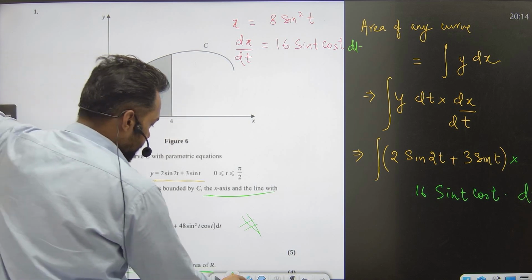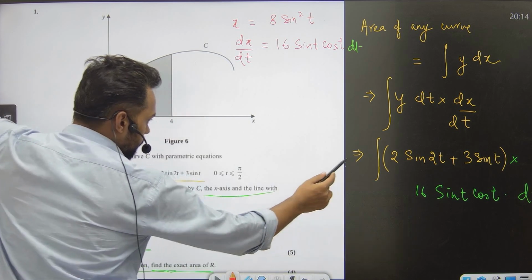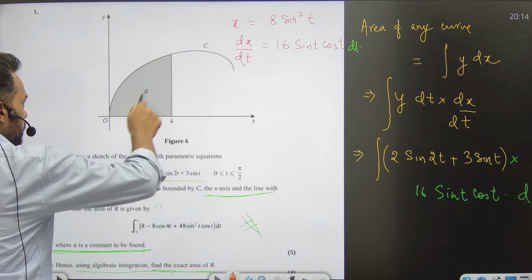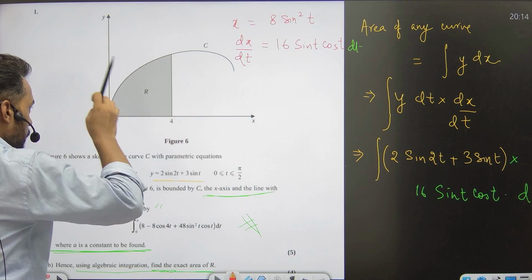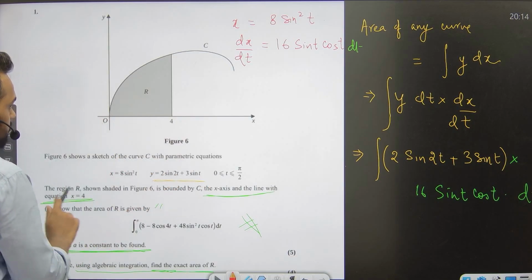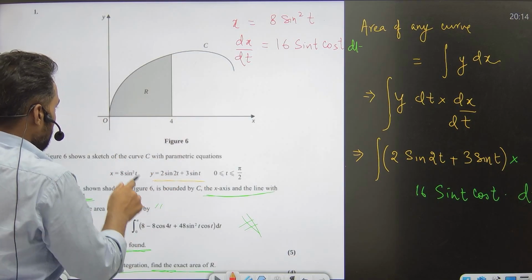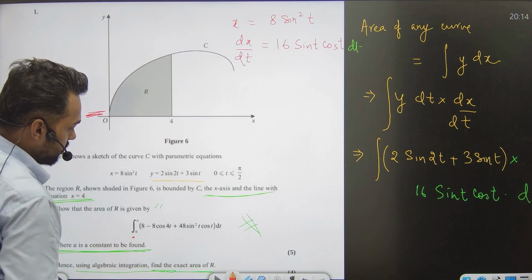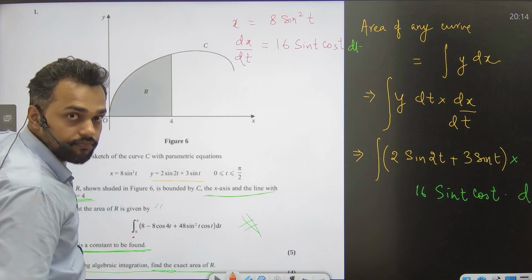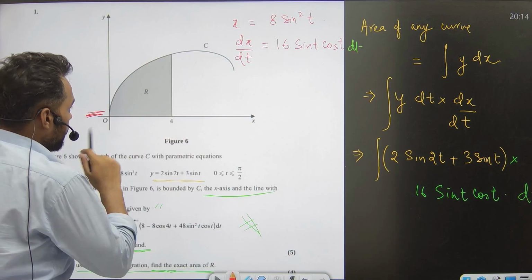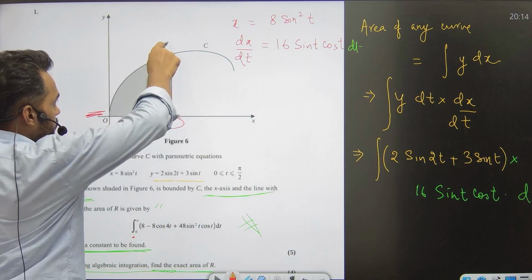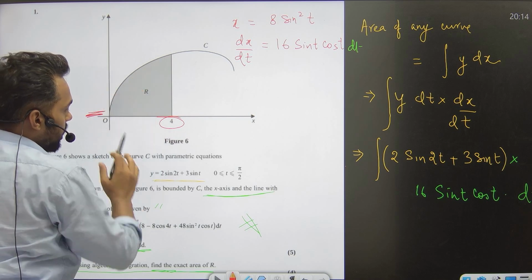See, student, this particular region they have asked for. What will be the upper limit in this case? This is the lower limit, that is 0, in the integration. Similarly, the upper limit will be 4, because till x equals 4, we are getting the region R, which we need to find after integrating.